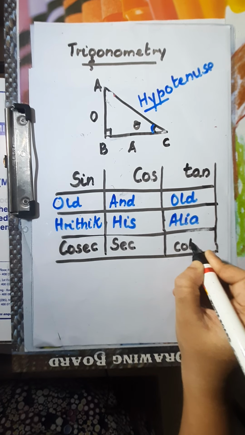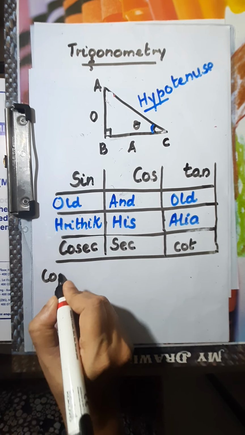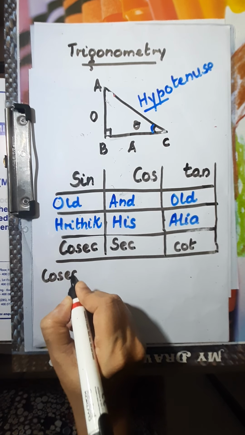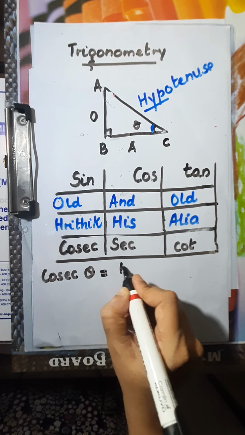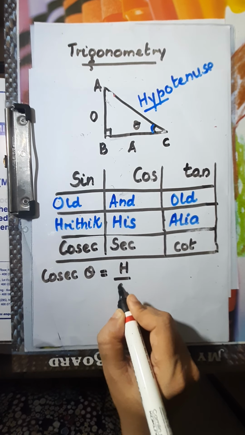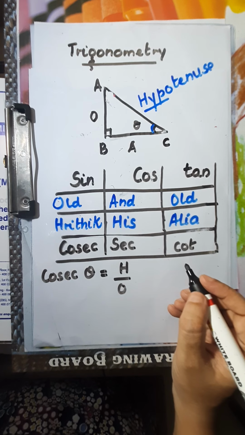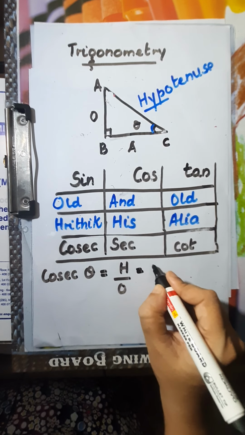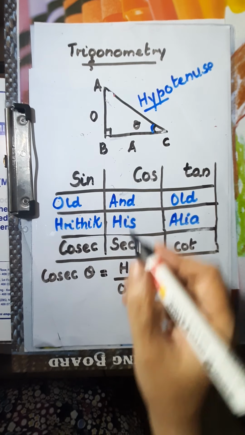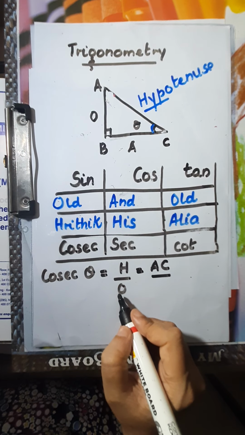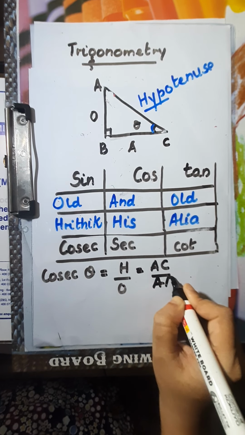Correct? So cosec of angle theta will be hypotenuse upon the opposite side. Now you know my hypotenuse is AC, and my opposite side is AB. So it becomes AC upon AB.